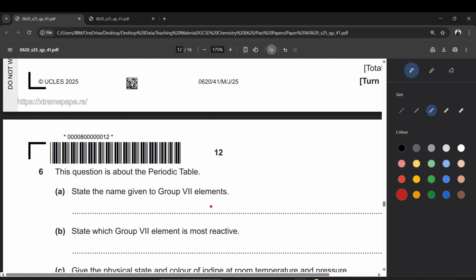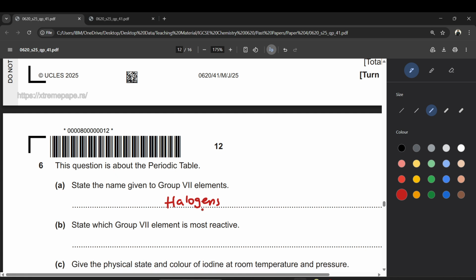Okay, question number 6. This question is about the periodic table. State the name given to group 7 elements. That will be halogens. Then the next one: state which group 7 element is most reactive. We know that if you go down the group, the reactivity decreases.